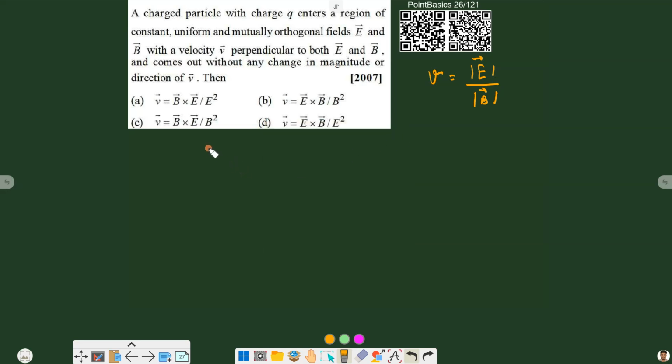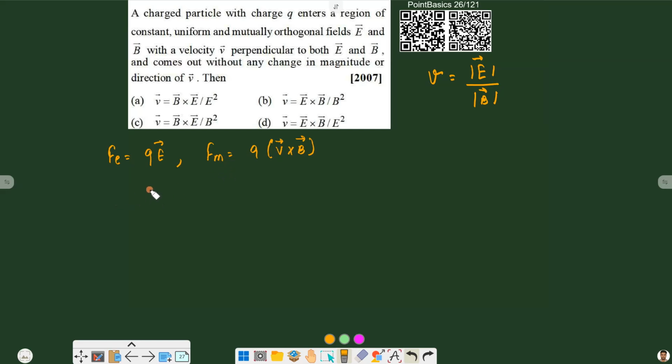Now we know that electric force is q times E and magnetic force is q times V cross B. And when the particle is undeflected, it comes out without any change in magnitude, it means that the vector sum of both of these forces is zero. As a whole, the net force acting on the particle is zero.